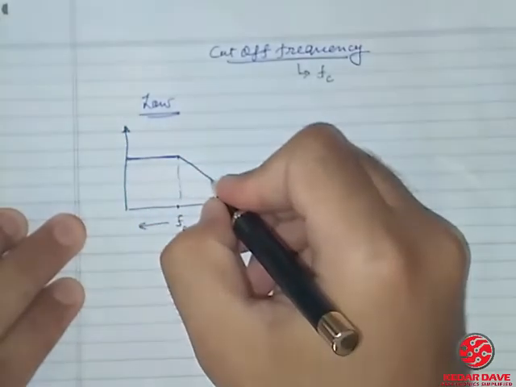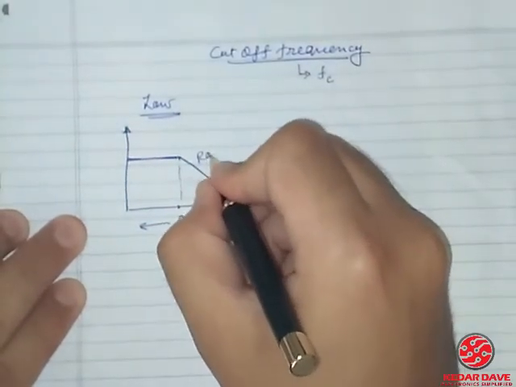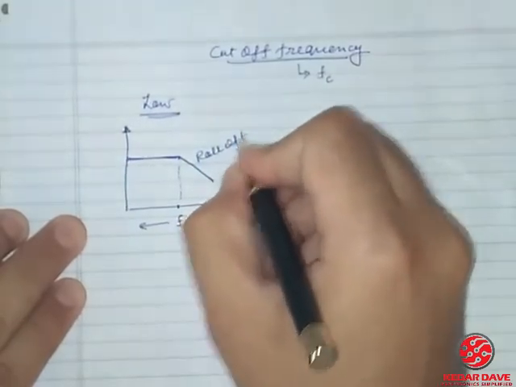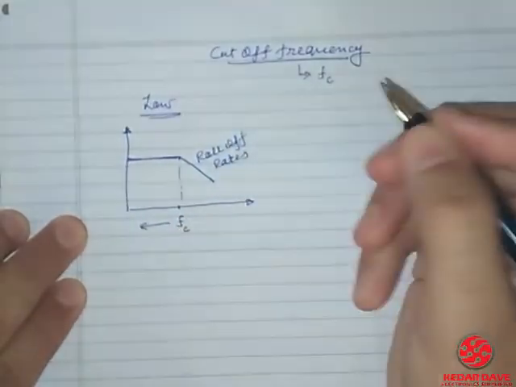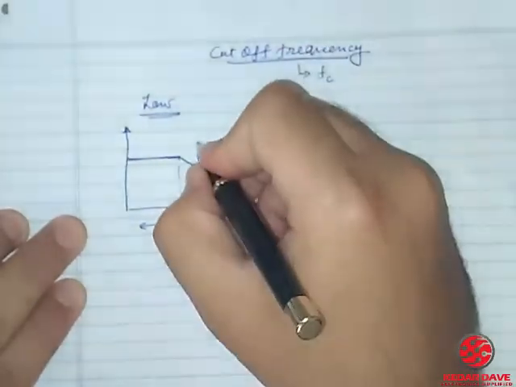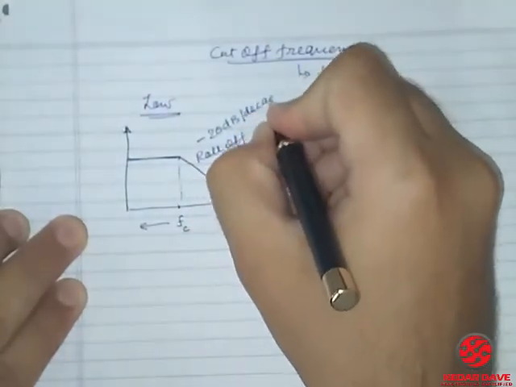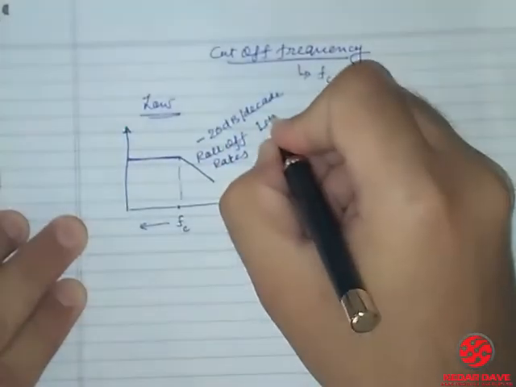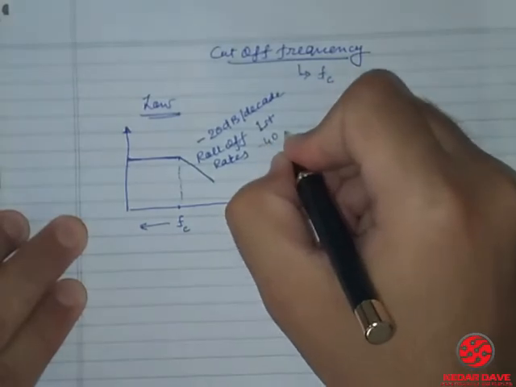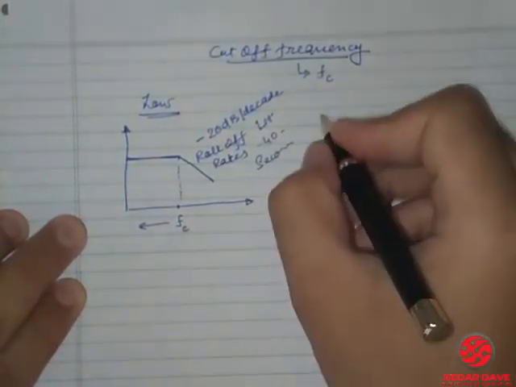This decreasing rate is also called the roll off rate. If this roll off rate is minus 20 decibel per decade, then it will be first order. If it is minus 40, then it will be second order, right? So this way it can be described.